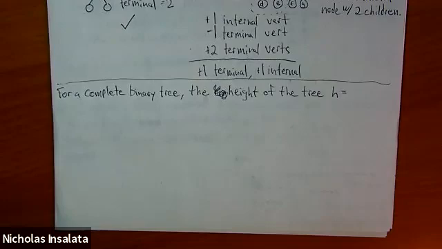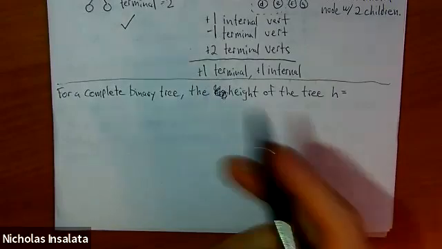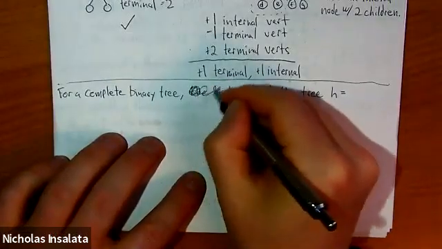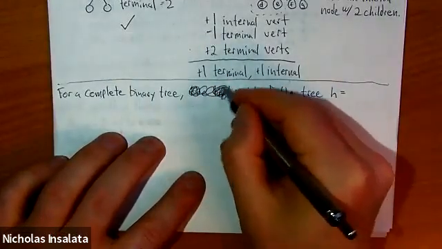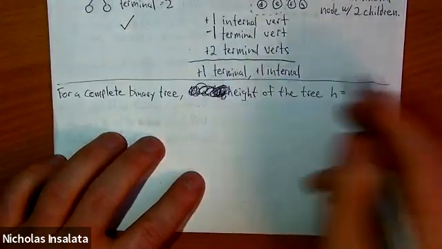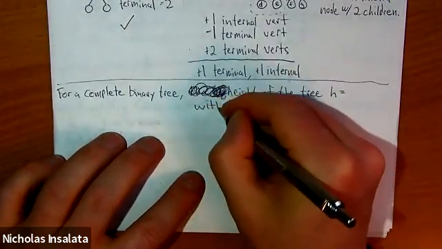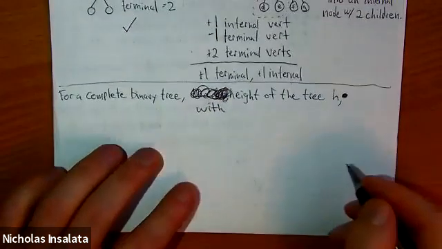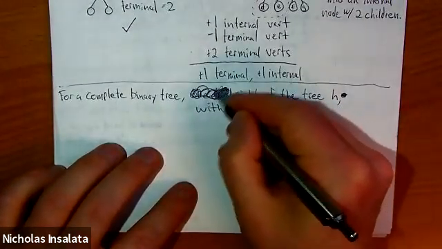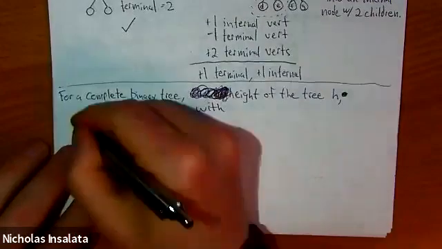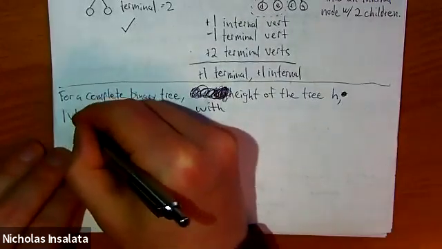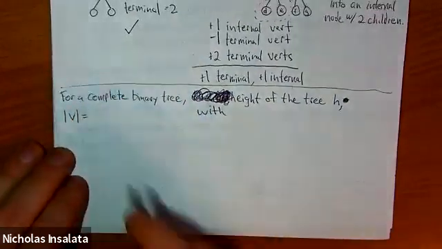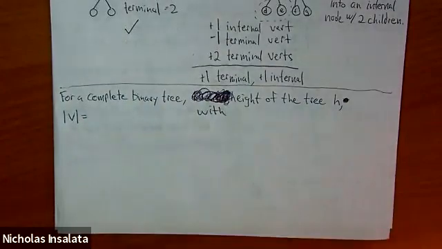Let me rephrase this. Let's say with height of the tree h, right? Let's do a formula for the size of the vertex set in terms of h, so as a function of the tree's height.